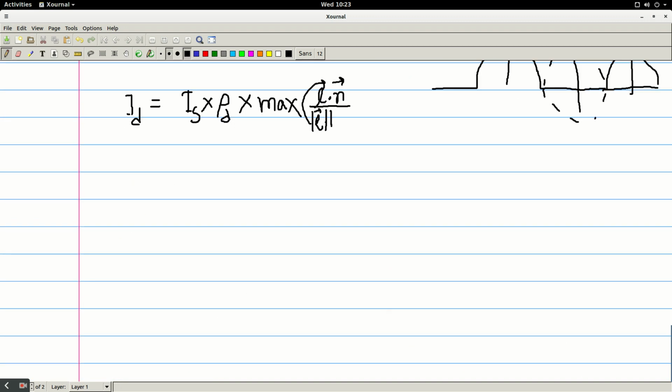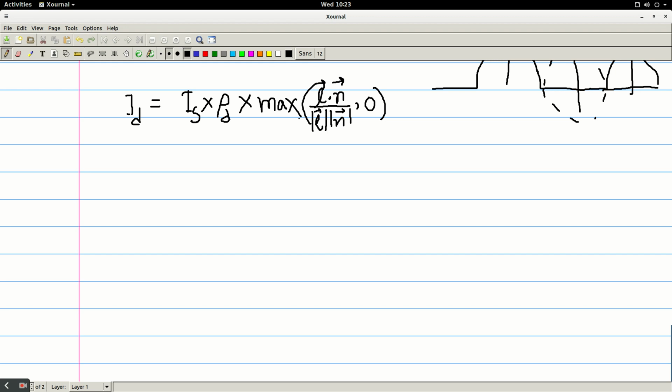So you need to divide this by the magnitude of L, the magnitude of n, and then 0. So this part, the first argument, is nothing but cos theta. The only reason we rewrite it in this way is because we are dealing with vectors and it's easy to implement in that fashion. So this is about the intensity of the diffuse reflection. Okay?